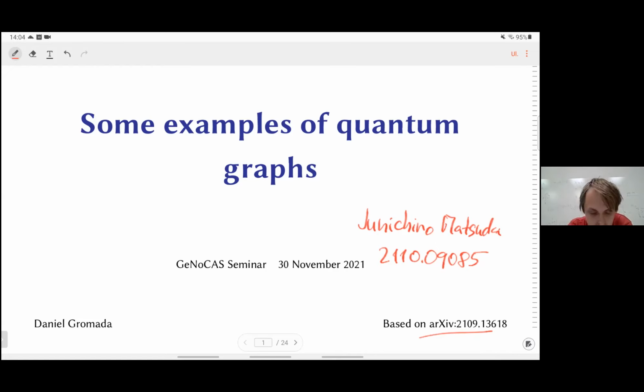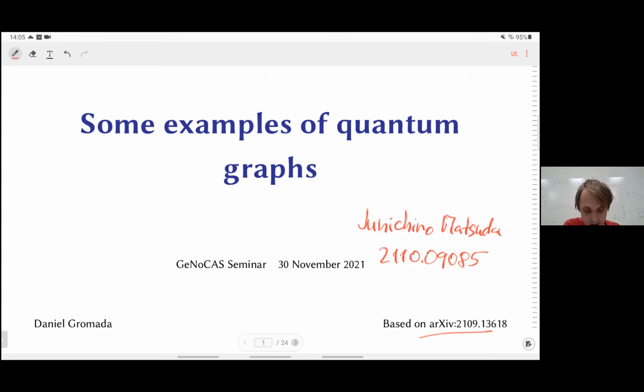So if you are interested in particular in the result of classification of quantum graphs, then he does this as well, and also slightly more general. So this result is very connected also to what I will speak about.